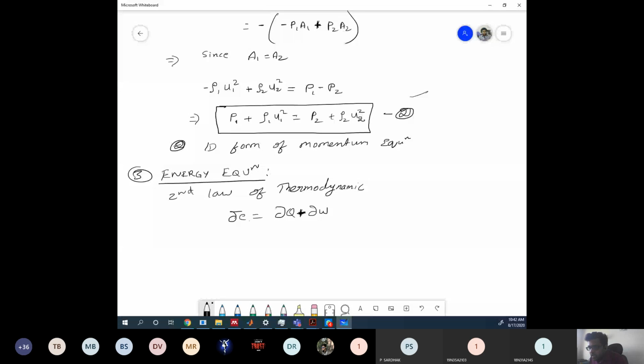So if you take these three terms, B1 plus B2 is equal to B3. Each of them we try to bring to fluid flow, right? So what is B1 there? Rate of heat added, rate of heat addition.